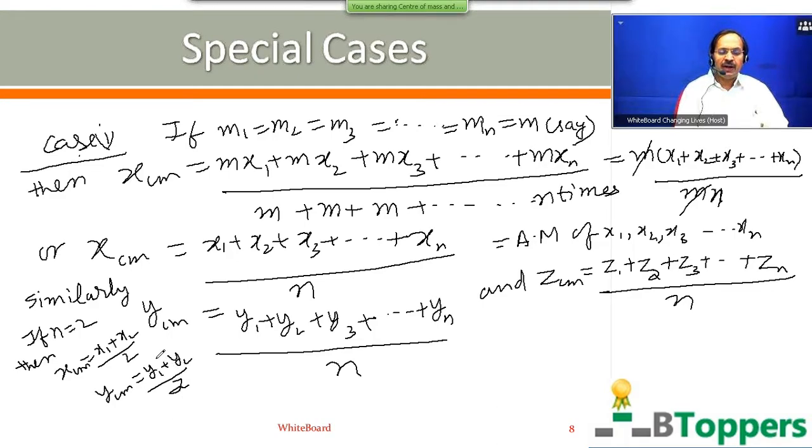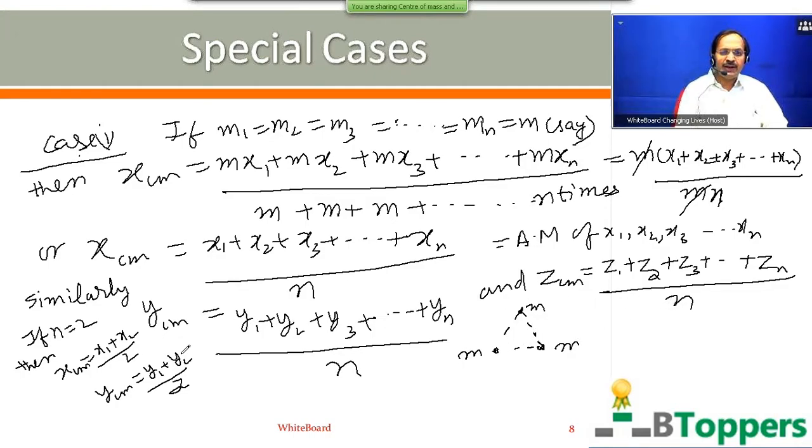Suppose you consider a system of 3 particles of same mass m, which are placed at 3 different points not lying on a straight line, that means non-collinear points, then n equal to 3.